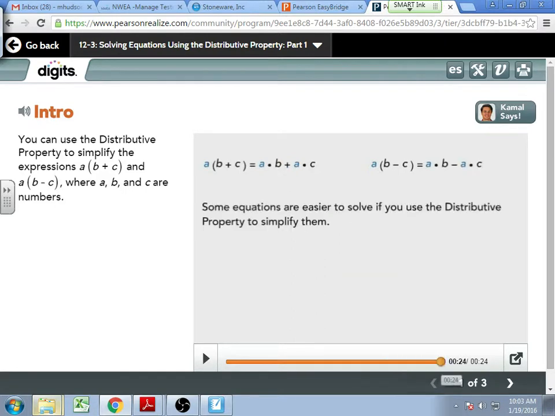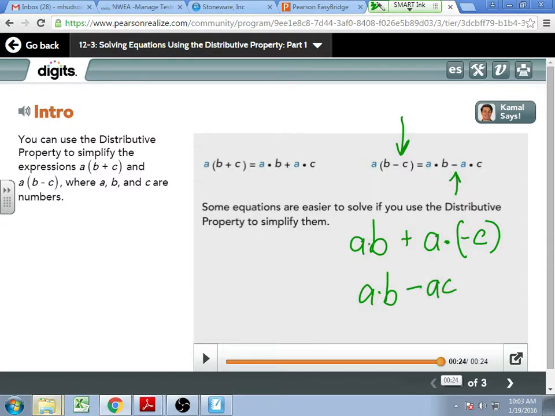We can just take my subtraction and utilize it like subtraction, or we could take it as the negative, and this would become A times B plus A times negative C. And then that would equal AB minus AC when I rewrite it and simplify it, which is, of course, what they have up there.